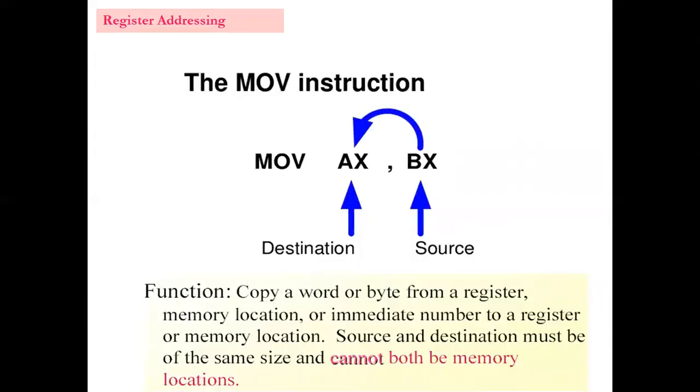Similarly, MOV AX, BX: AX is the destination and BX is the source. It copies a word or byte from the BX register into the 16-bit AX register. The sizes must be the same, and both cannot be memory locations.